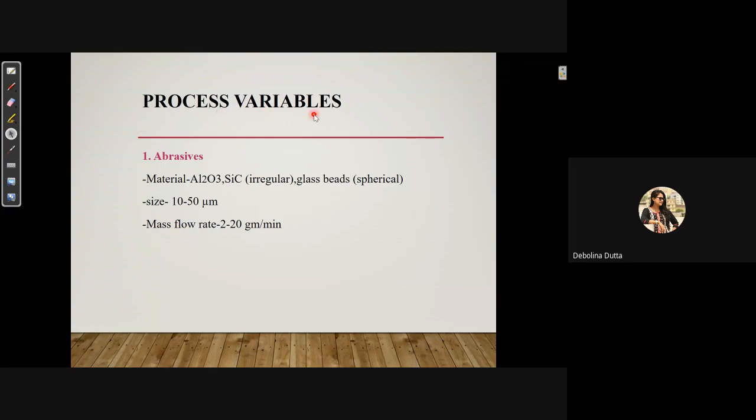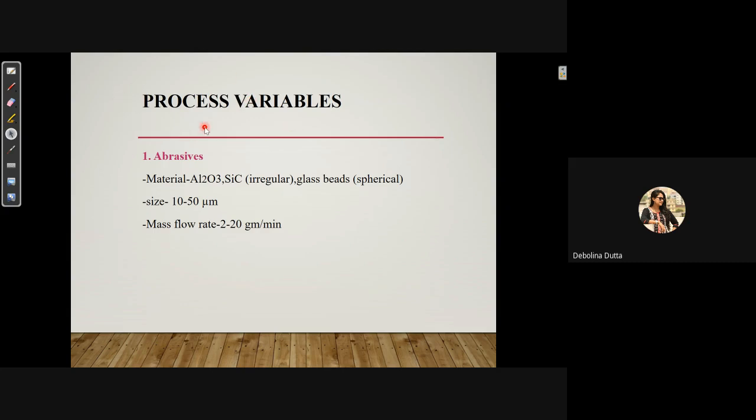By changing process variables we can change the material removal rate of a non-conventional machining process. We know that when we say variable, it means it varies. So by varying them, what can we change? We can change the material removal rate. So for every non-conventional machining process, one of the major topics is to know what the process variables are for that particular machining.